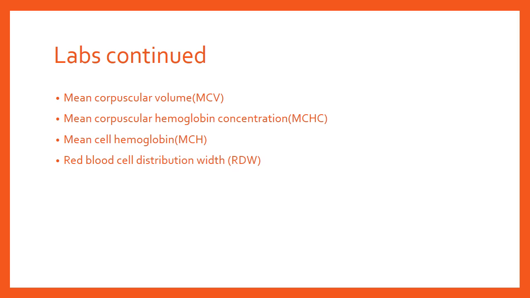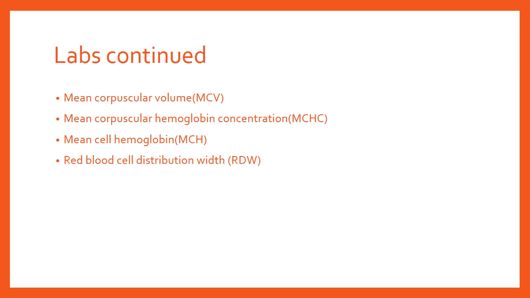MCV is mean corpuscular volume. It's the size of the cells. MCHC, mean corpuscular hemoglobin concentration, it's the concentration of hemoglobin, and MCH is mean cell hemoglobin.